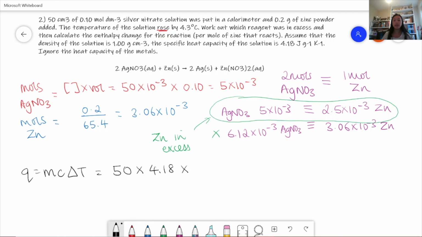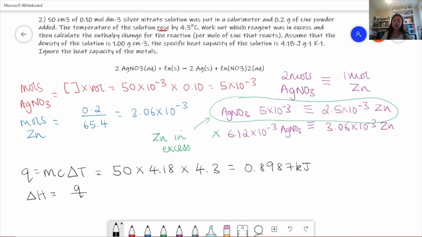And then multiply it by the change in temperature. And it says here that the temperature of the solution rose by 4.3 degrees. And this comes to a certain amount of joules, which I've converted to kilojoules. So it's 0.8987 kilojoules.